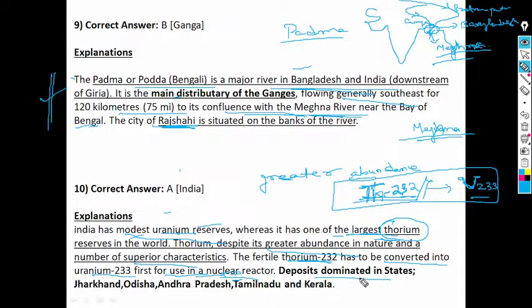Deposits are dominated in the states, particularly Jharkhand, Odisha, Andhra Pradesh, Tamil Nadu, and Kerala.